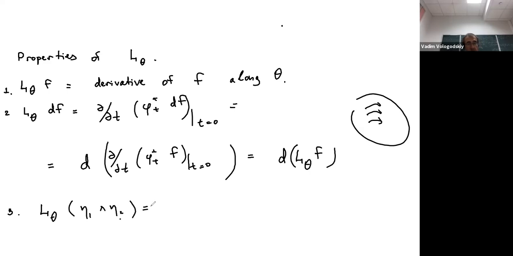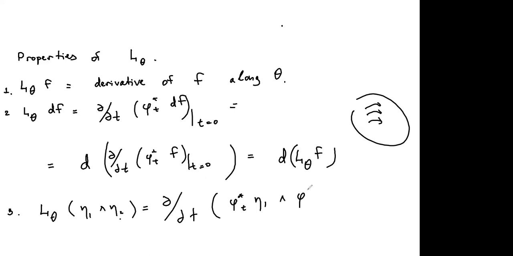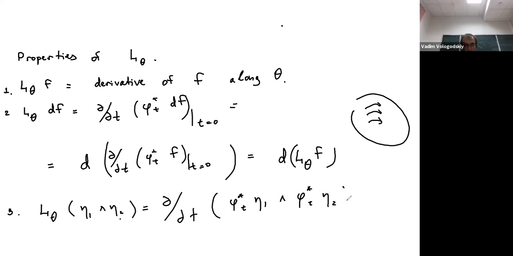I claim that it satisfies the Leibniz formula. And let's do it again by definition. So we have d over dt of the product phi upper star t eta 1 wedge phi upper star t eta 2. And then we're supposed to evaluate it at t equals 0.